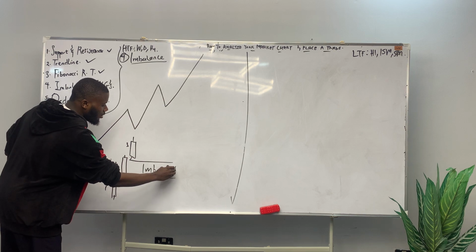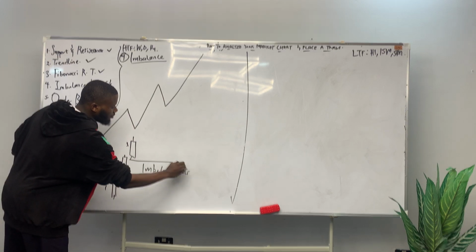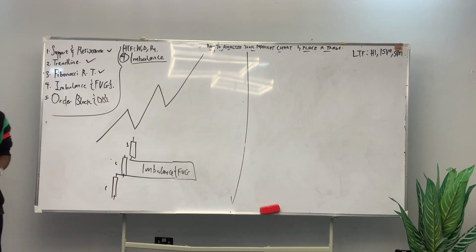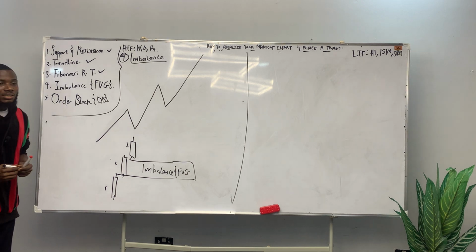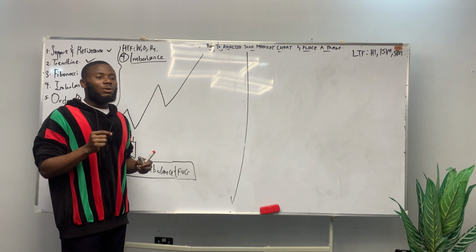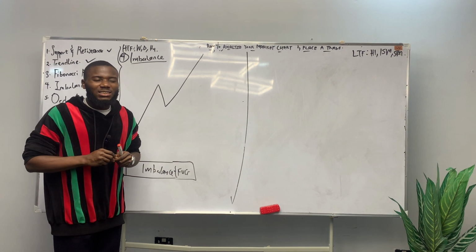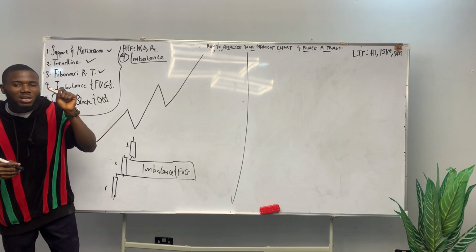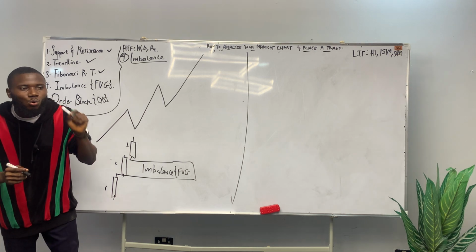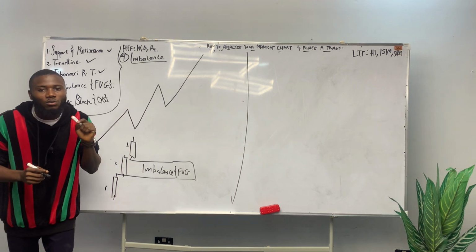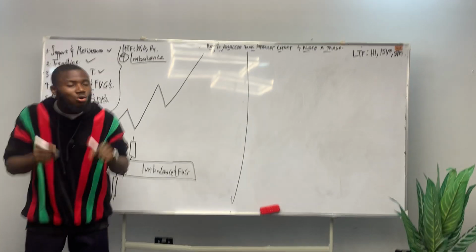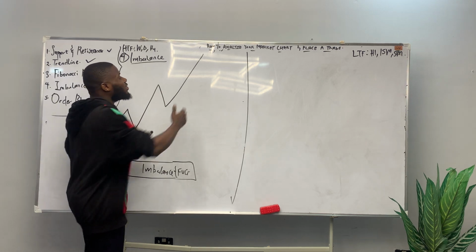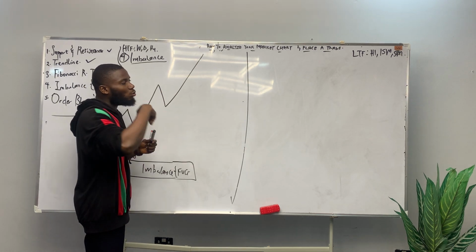Or FVG, right? I will say that the imbalance that we focus on is the one that is at the 61.8% to 80% of the Fibonacci. So an imbalance that occurs here, we no go take that one.